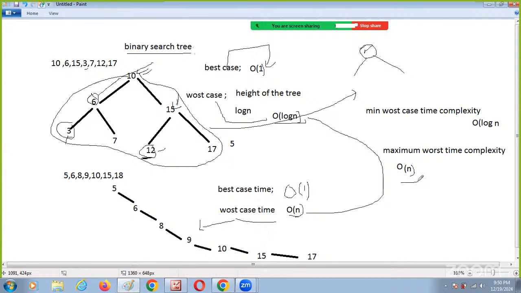That is the beauty of these problems. I hope you understand this concept. Like this is searching, and similarly we have sorting concepts also. So we have different searching as well as sorting techniques.